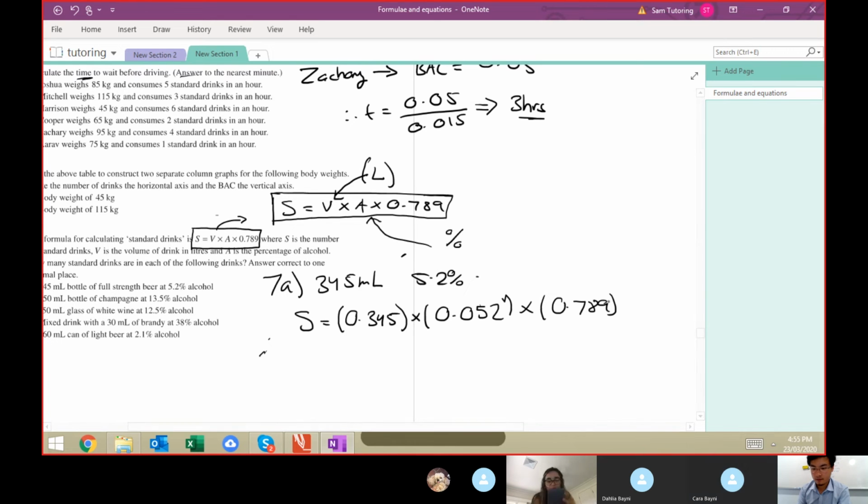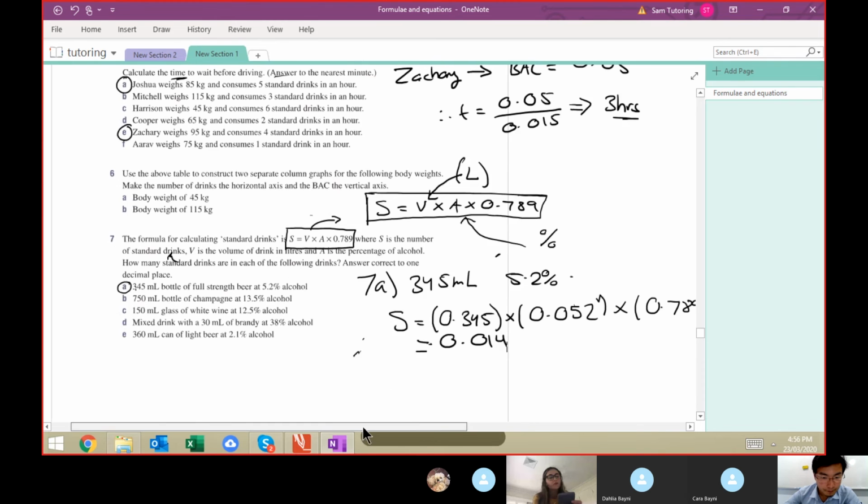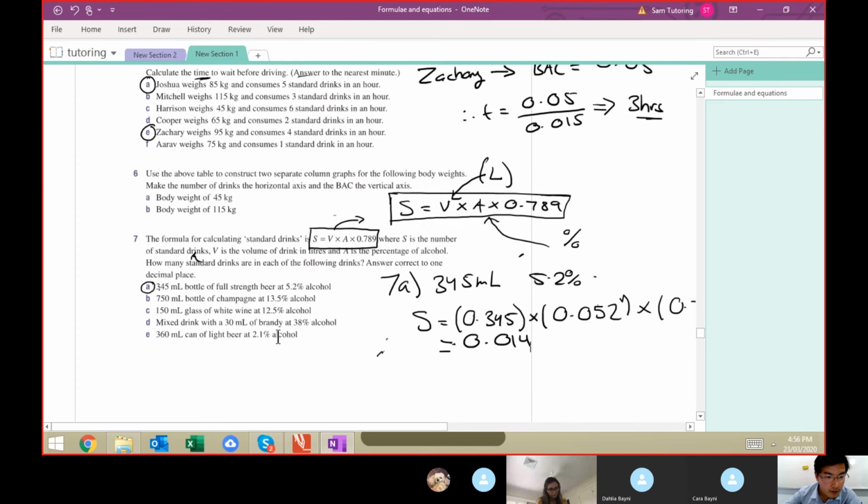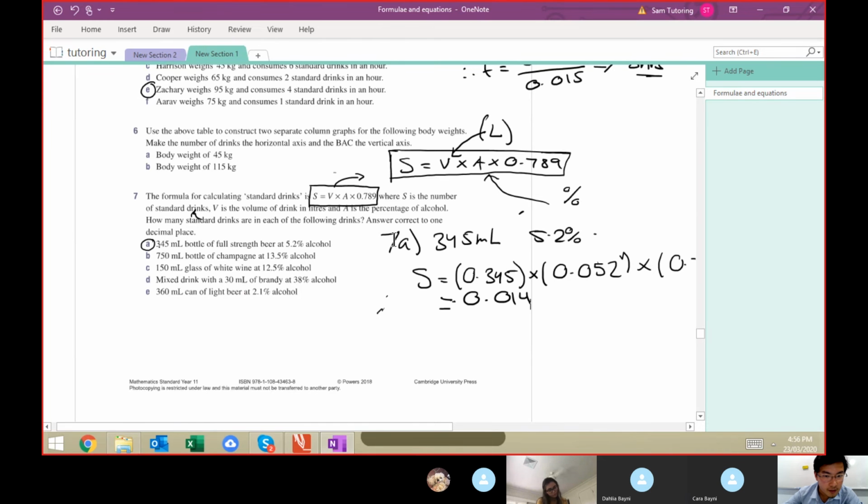I will put it in: 0.345 times 5.2 times... Oh no. 0.1415. Yeah, essentially it's 0.01, which is interesting on how it actually turns out. How many standard drinks are there in each of the following, to one decimal place? Yeah, it is what it is.